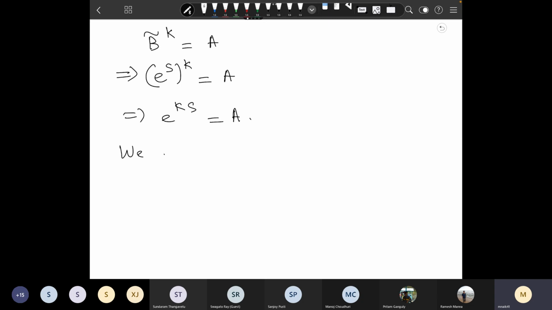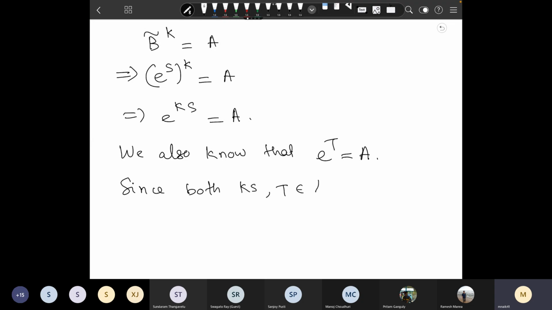And we also know that e to the power T is equal to A. So both kS and T belong to H_n, and we know that this T is actually unique.